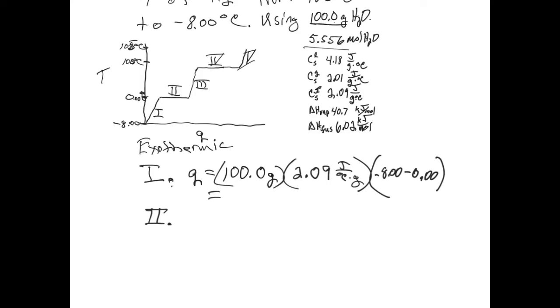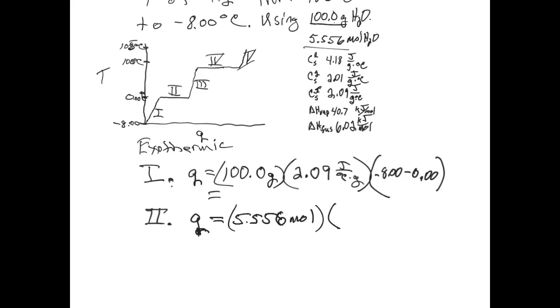Now, I'm going to look at this phase change. Before we looked at melting, now let's look at freezing. And even though we're freezing, we're still going to use delta H fusion, but here's where the difference is. We're going to take delta H fusion, and we know we are going to use 5.556 moles of water.